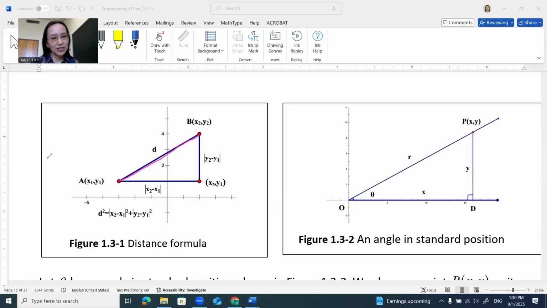But for convenience, we introduce another point, that is, suppose we introduce a right triangle. The vertex C has coordinates x2, y1.